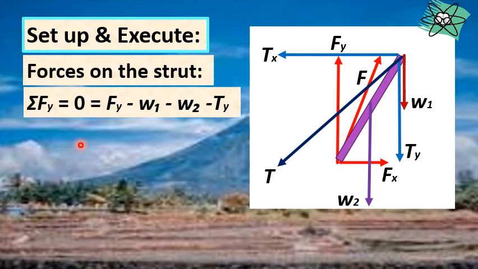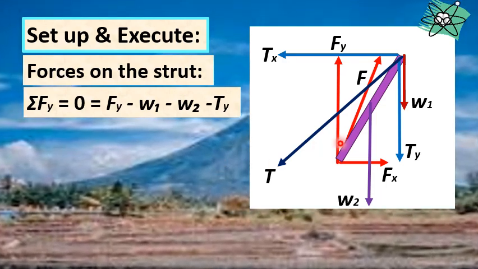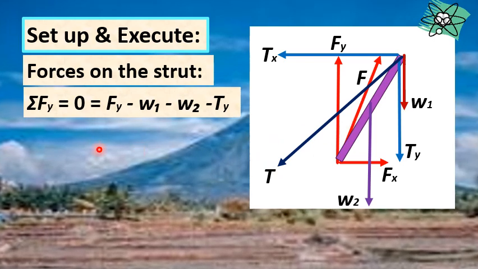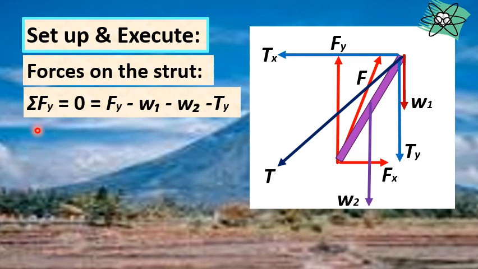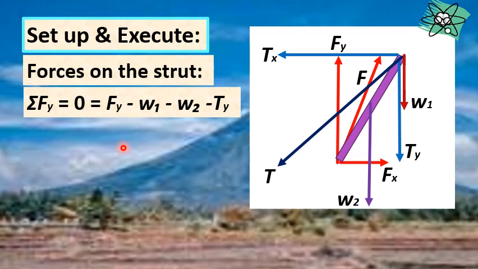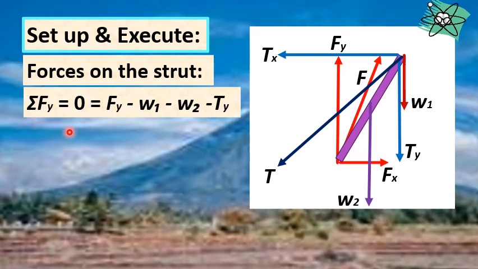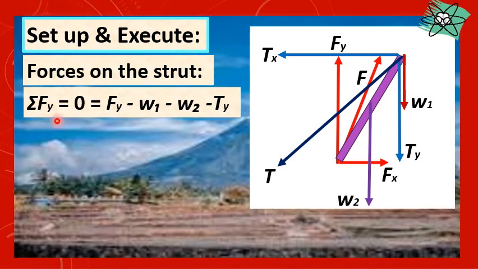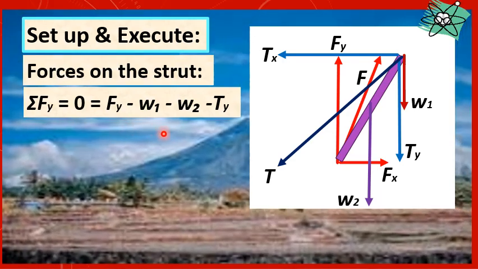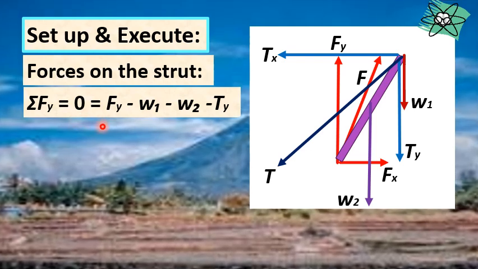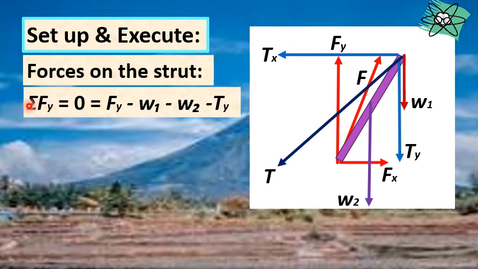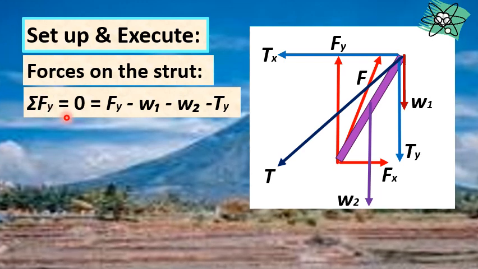Now, we say that the strut is in static equilibrium, which means that the vector sum of the forces acting vertically must be equal to 0. We label that as the summation of Fy.